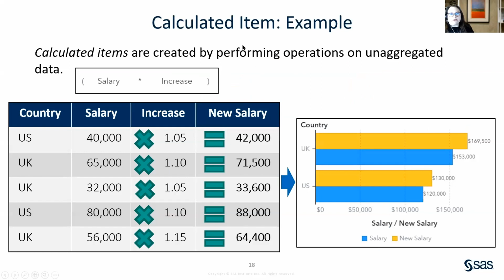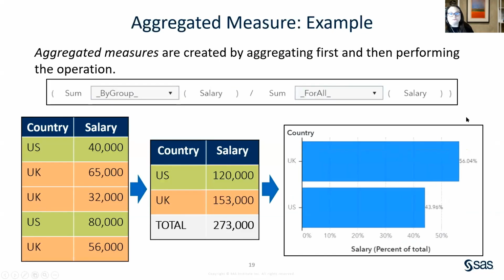So let's just take a quick look through these. We have calculated data items, and that would just be line by line. Every observation comes in and a calculation is performed. So you can see the salary comes in, it gets an increase, and there's a new salary written out. But sometimes what I want to do is do this calculation on a group. And that would be an aggregated measure.